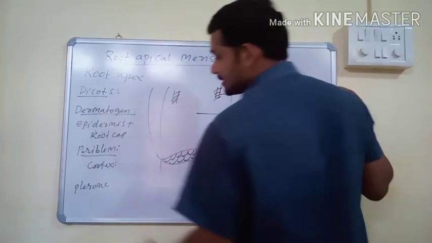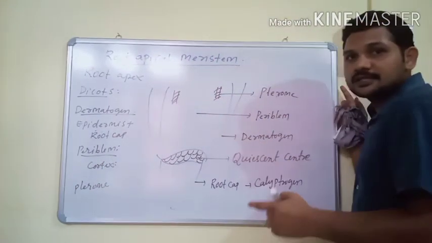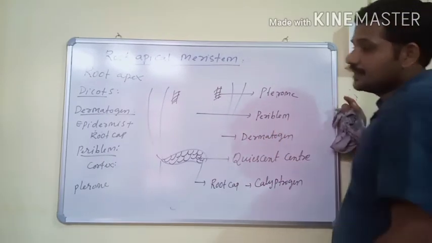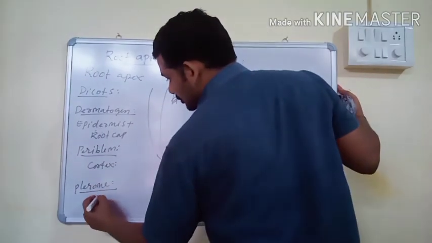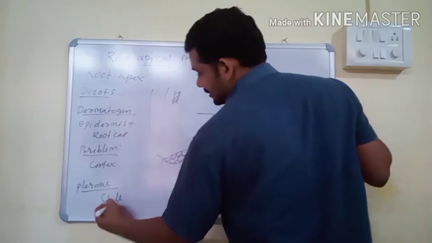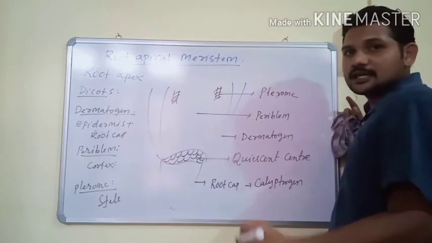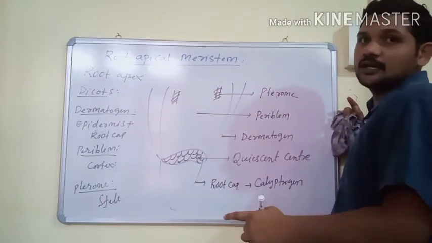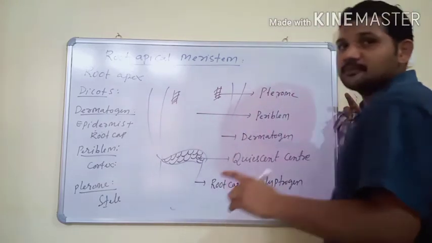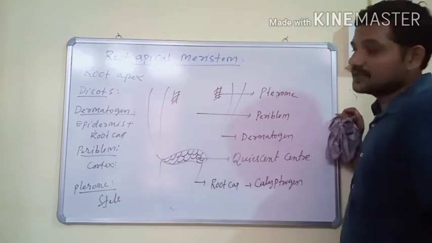So the cortex region includes hypodermis, endodermis, general cortex and pericycle. And plerome later gives rise to the stele region. So the stele region includes xylem, phloem and medulla. If medullary rays are present, they are also included in the stele. Generally medullary rays are absent in root apical meristem.